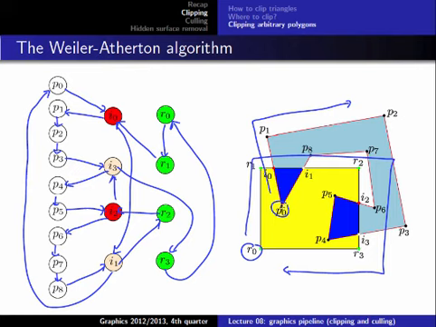So if we're going from the inside of the clipping region to the outside, this is an outgoing vertex, illustrated red here, because also here from when we walk along the polygon, we go outside of the clipping region. And in the other case, we have an incoming vertex because we go from the outside to the inside of the clipping region.